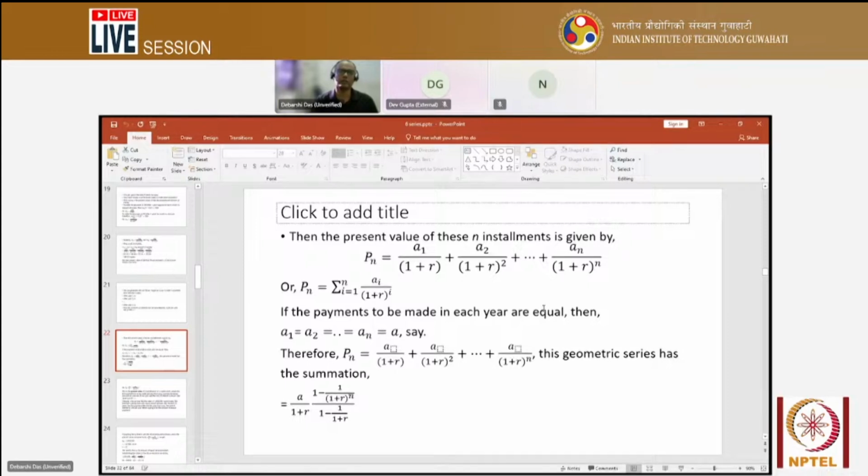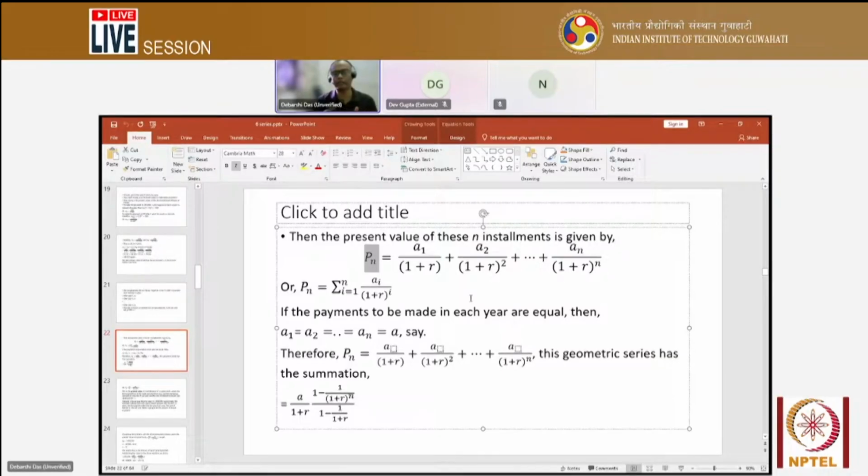Okay. So in this case, how to find the present discounted value of that stream of income? And the PDV is about that. So here PN, which is basically the present discounted value, on the left hand side, is equal to A1 divided by 1 plus R. So notice what is going on. Why are we dividing A1 by 1 plus R?